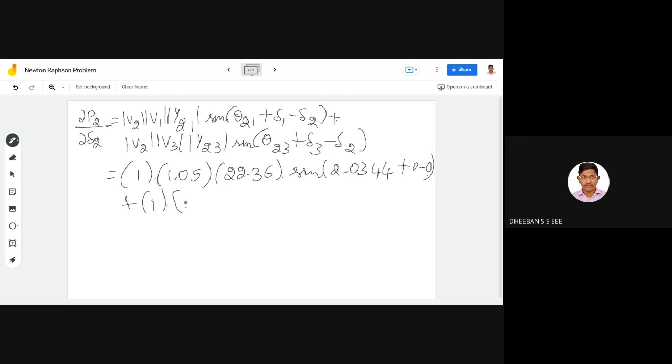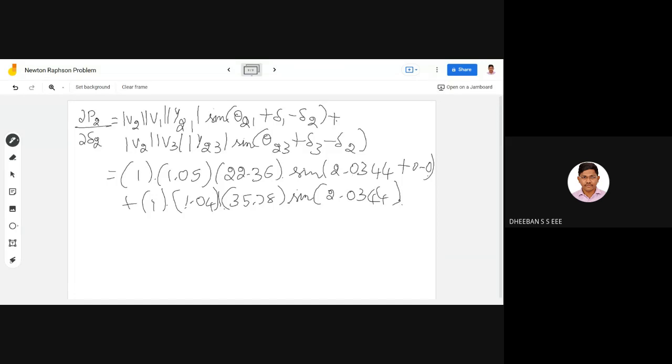V3 is 1.04. Y23 is 35.78, followed by sine of theta 2 3, 2.0344.